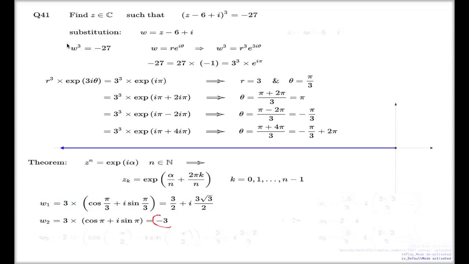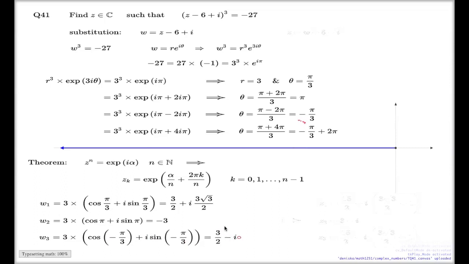If you confine yourself to the realm of real numbers alone, we still have a solution for this equation. -3 is the only solution we have, and it is part of the solutions we have when we live in the larger universe of complex numbers. And the last solution, W3, is again in trigonometric or exponential form with this last angle, negative pi over 3. And that's the Cartesian form of the same solution.